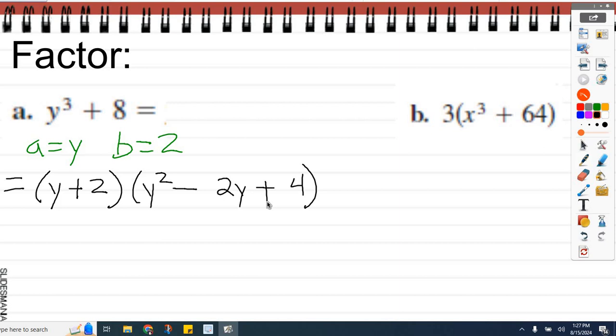Yes? Alright, I want you to try the last one. So what's acting as our A this time? X. What's acting as our B? 4. Hopefully we were all able to see that. So what's our first factor going to be?